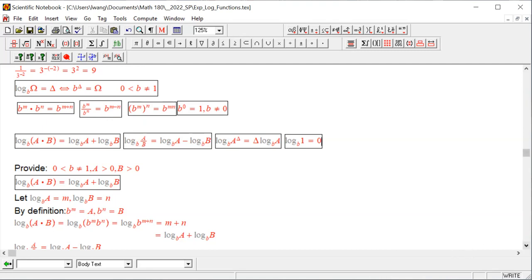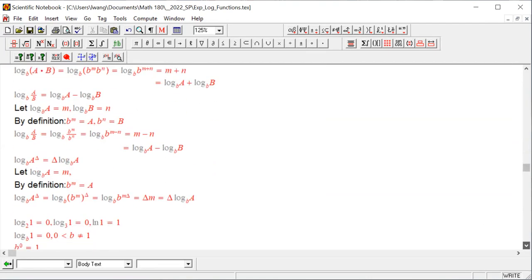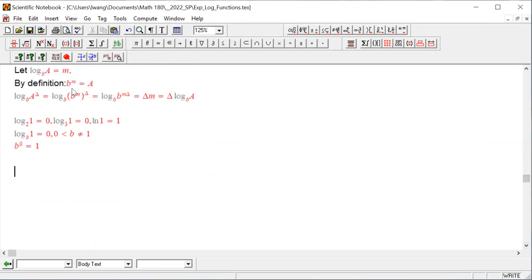In the very end, I'd like to point out, as we've seen so many examples, b to the power x, and in general we assume that b is greater than 0, not equal to 1.